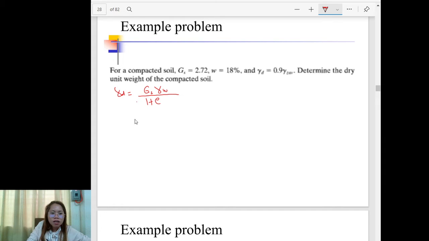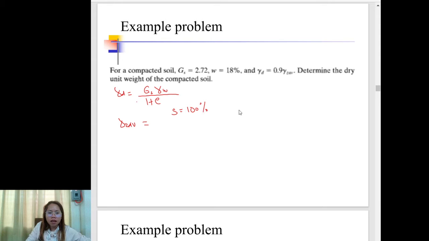So remember that to obtain the zero air void unit weight, your S or degree of saturation should be 100%, di ba? And remember this formula: degree of saturation times void ratio is equal to the moisture content times the specific gravity of the soil.